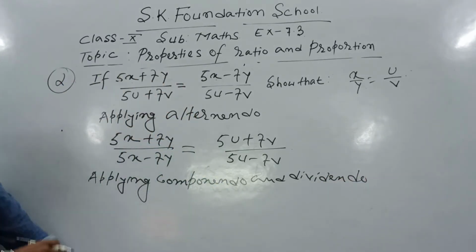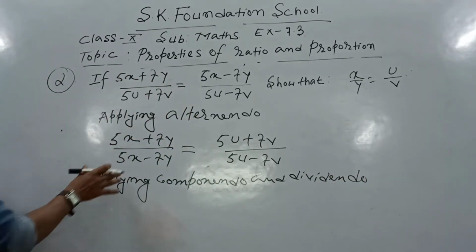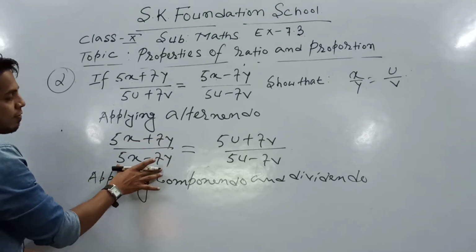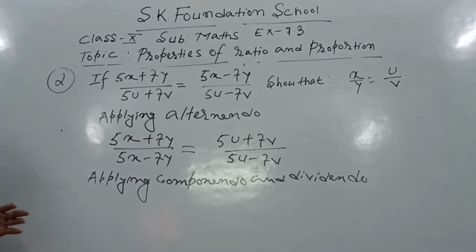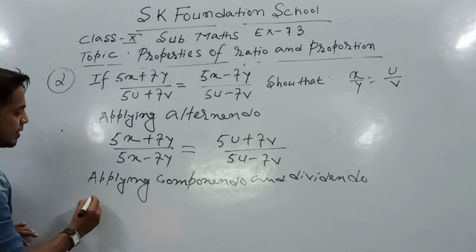Then 5x plus 7y plus 5x minus 7y. That means in the numerator position, numerator plus denominator, and in the denominator position, numerator minus denominator, right? It's a property.